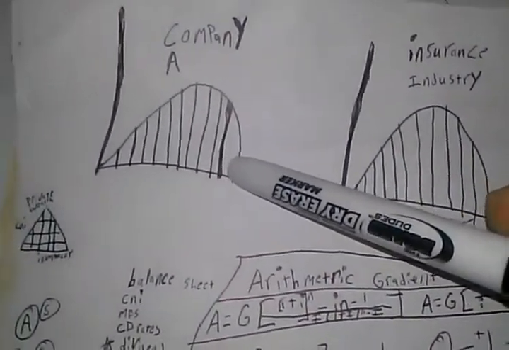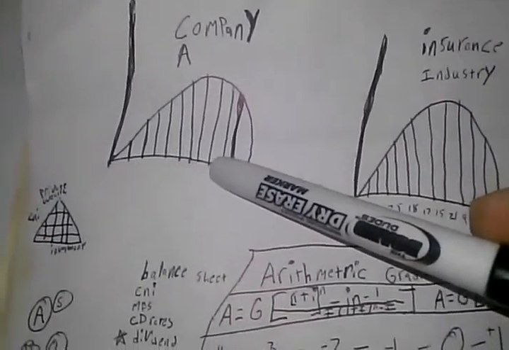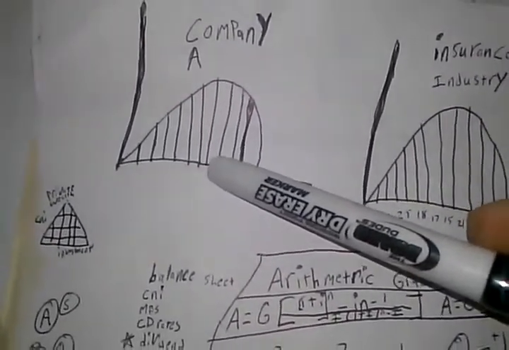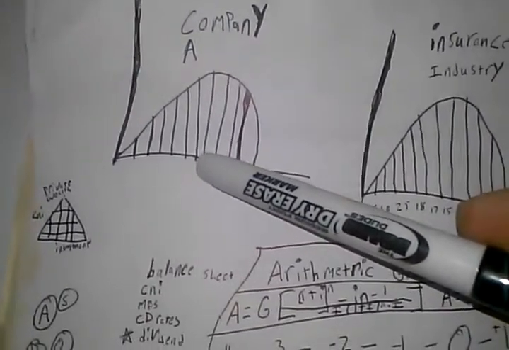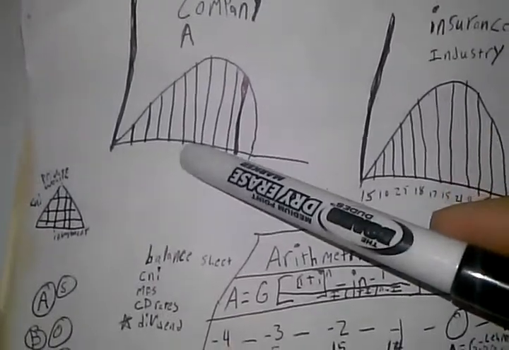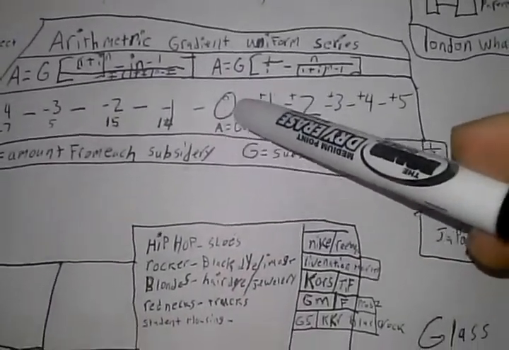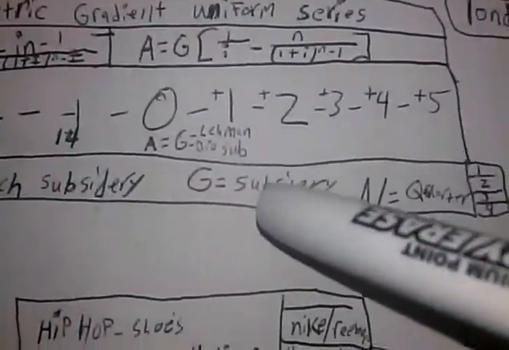Meaning that A would be checking, B would be savings, third would be private wealth management, fourth would be loans, fifth would be small business loans, sixth would be capital reserves, seventh would be hard assets, etc. Now, why is that important? Under arithmetic gradient uniform series, a company is known as 0 or A, to be exact.